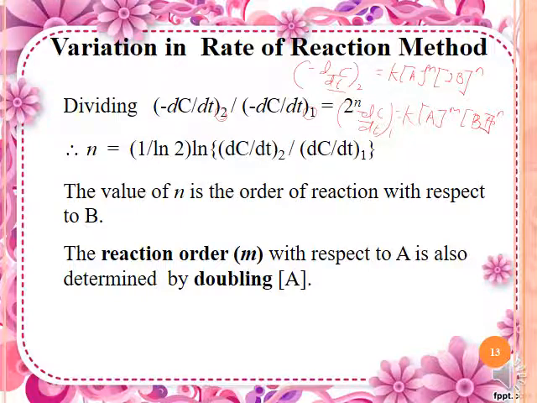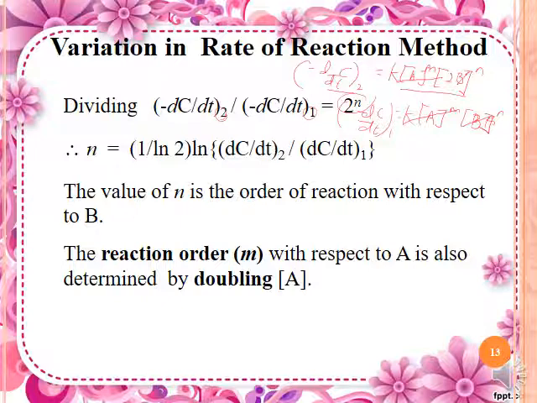So we divide this, and that's why we end up getting dc over dt 2 over dc over dt 1. Because A^m is similar, we cross it out. Now this is 2B, so we can cross out B, leaving behind 2 to the power of n, so that's why you get 2^n here.